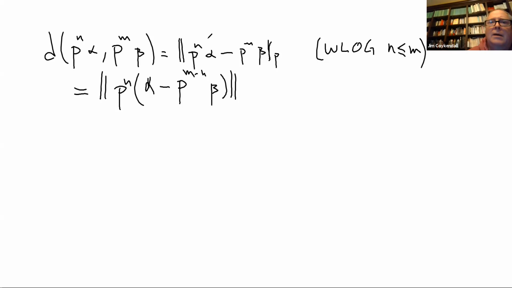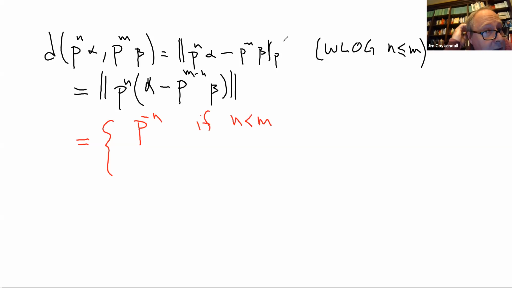Now let me point out a couple of things about this. Notice that this is p to the minus n if n is strictly less than m, right? Because if m is strictly less than n, then that thing is positive.